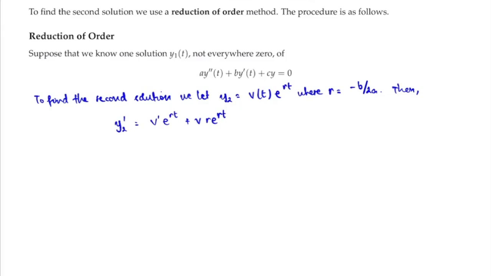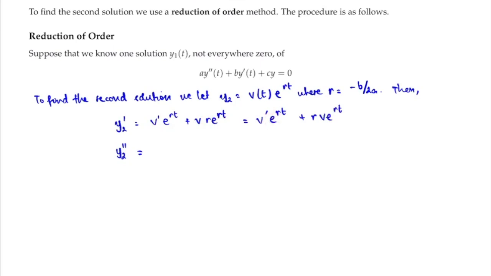The second derivative of y2 is, so a product rule here and a product rule here as well. So let me rewrite this a little bit. v prime e to the rt plus r times v times e to the rt.